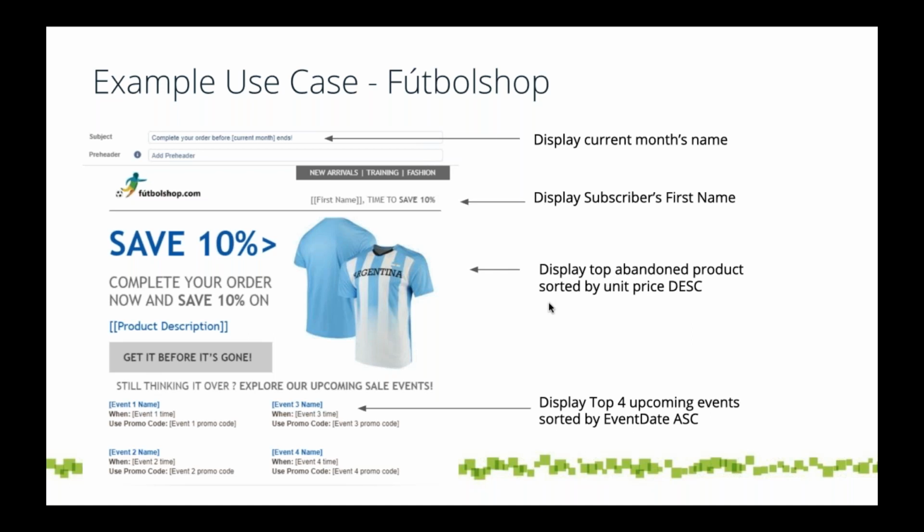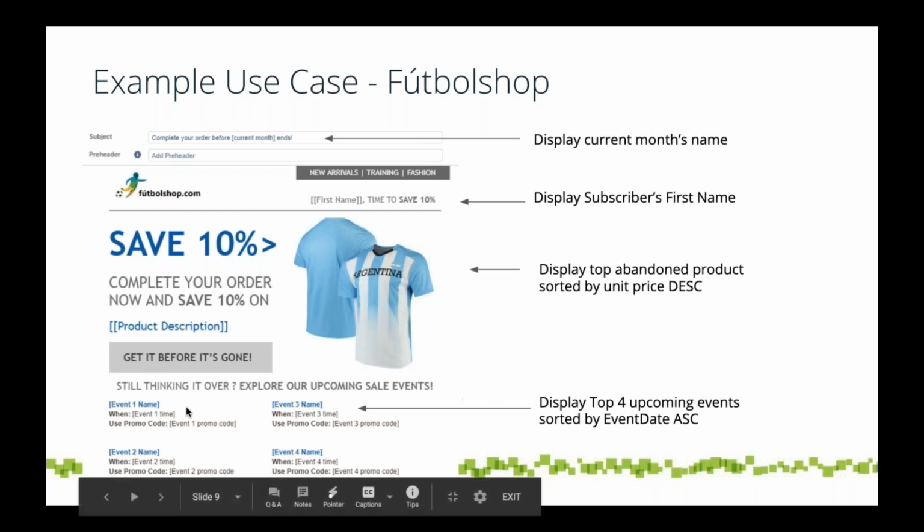And then, this was an abandoned cart email, we wanted to display the top abandoned product sorted by unit price. And we have upcoming events like promotions or discounts, and we wanted to show the top 4 events sorted by event date. Okay, so the 2 use cases that we're gonna code in this session are these 2: display the top product and display the 4 upcoming events.